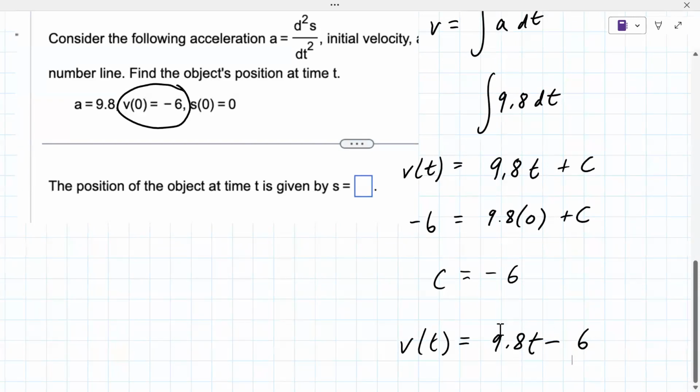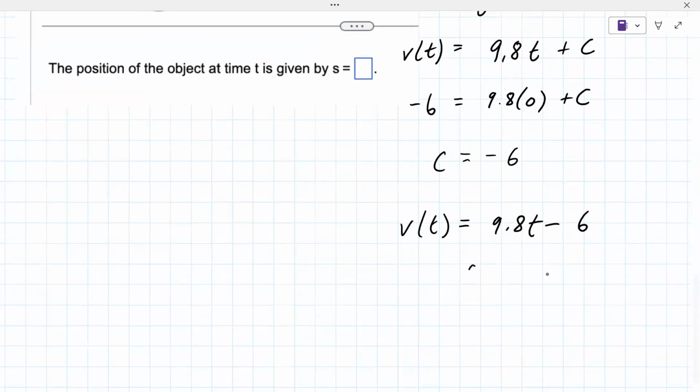And so just like in the previous problem, we have to integrate this. So we're going to integrate 9.8T minus 6.